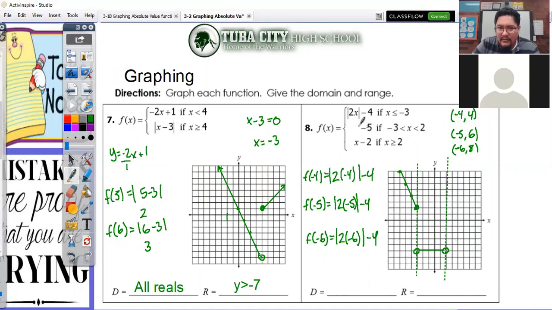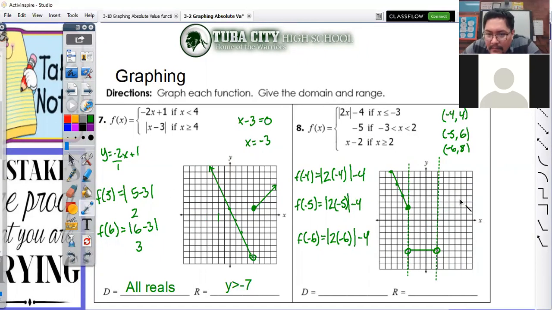And then over here, x minus 2. So this is just a line, so it's gonna start from -2 and then go up 1 over 1, up 1 over 1. I'm gonna make my line a little bit better.